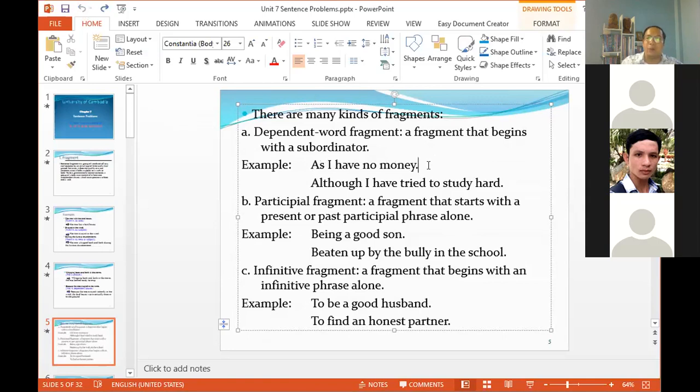And how about the second way? We can add one more IC, I mean, one more sentence. Okay, one more sentence. Kim Lane, can you add one sentence here? As I have no money, I can't go out, teacher.